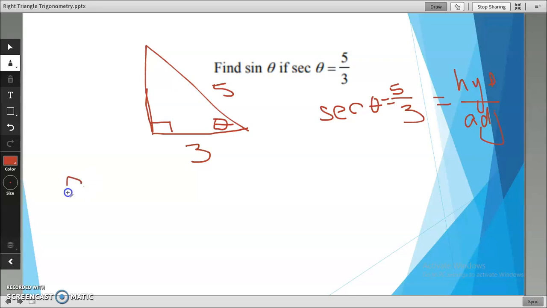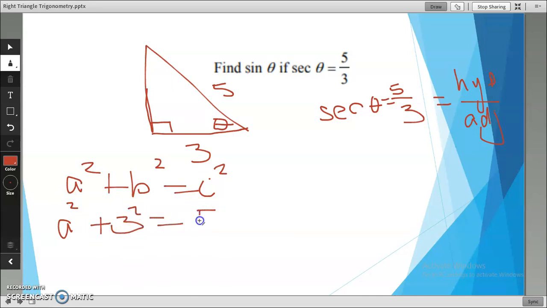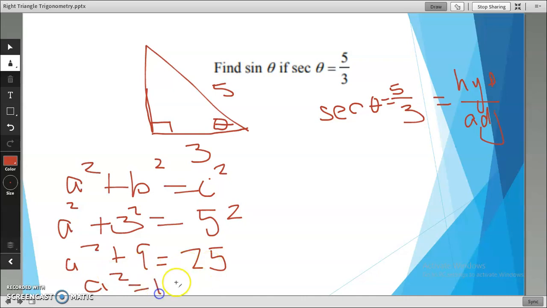So the Pythagorean Theorem says that leg squared plus leg squared is equal to the hypotenuse squared. So I have a squared plus 3 squared is equal to 5 squared. So a squared plus 9 is equal to 25. So a squared, 25 minus 9 is 16.